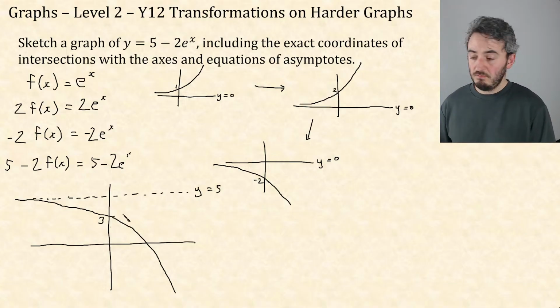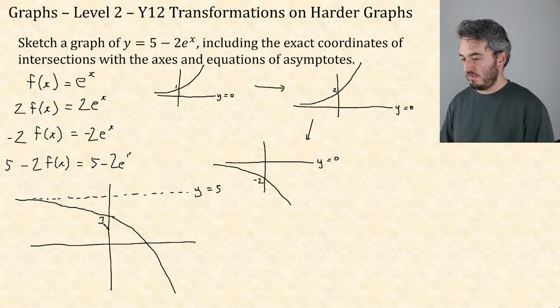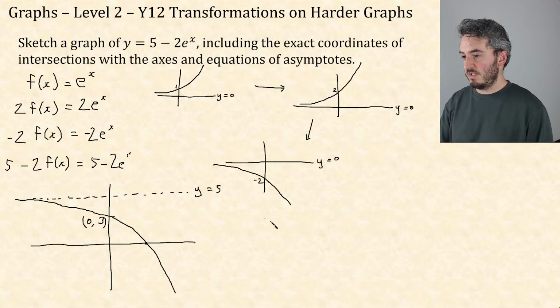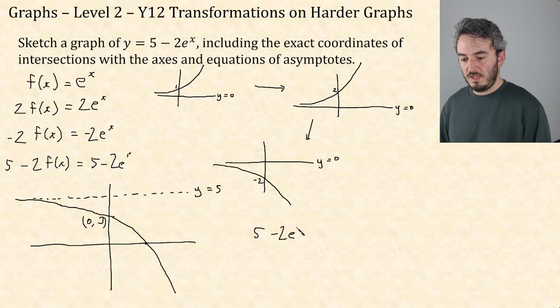Now it did say find the exact coordinates of intersections with the axes. So I've got that one, it's 0, 3. I just need to find this one, and I'll do that simply by solving the equation 5 minus 2e to the x equals 0.